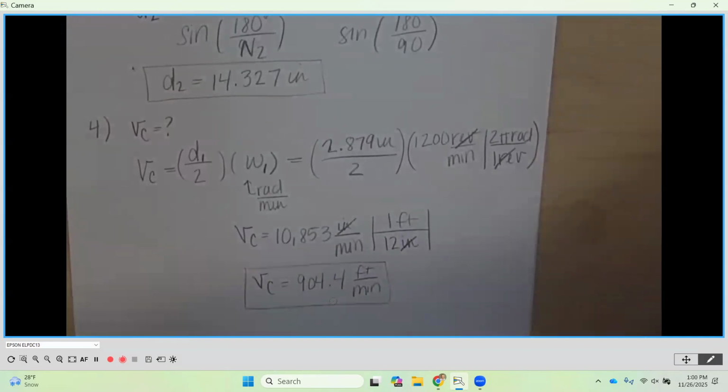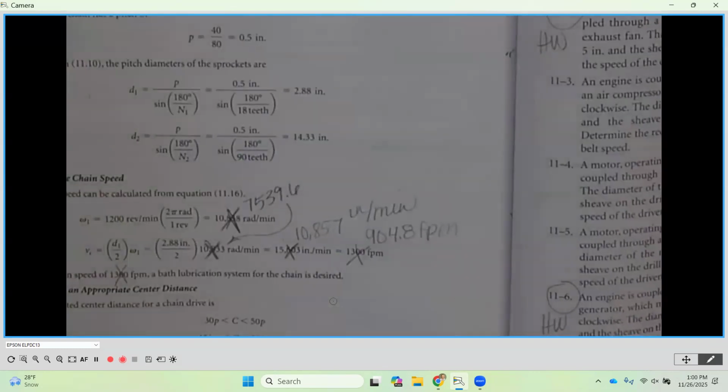Now, if you look in the book, unfortunately, they kind of screwed up the numbers here. If you're comparing, what they did was they converted their W1 first. That should be 7539.6, not the 10,000, whatever number they have there. And then when you multiply this out, you get the 10,853.